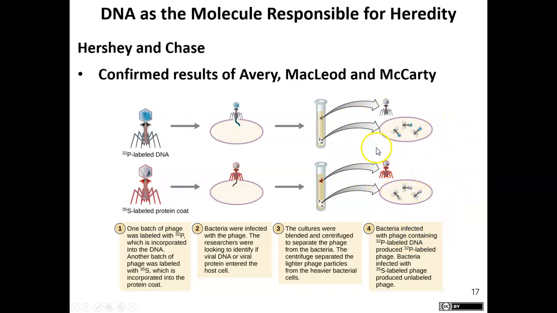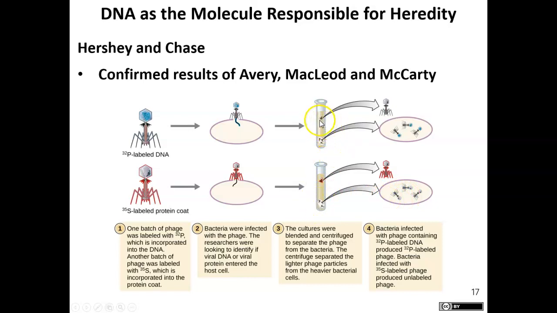What I will say is, when they looked for the radioactivity, when they used the radioactive protein capsid, so the sulfur, the radioactivity was in the solution up here, and the bacterial cells did not have any radioactivity.